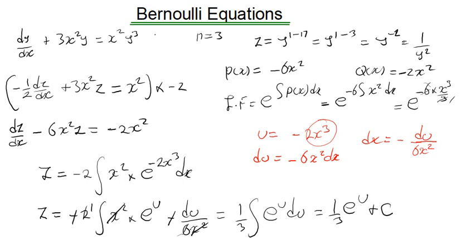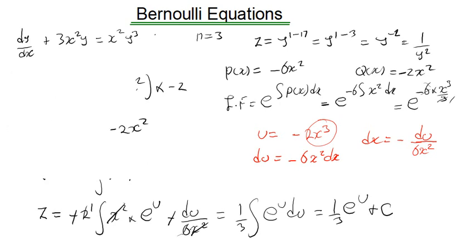That's what we have as our z, but it's not really the final solution anyway, though we are close. So we have determined that our z is equal to 1 over 3 e to the u plus c.